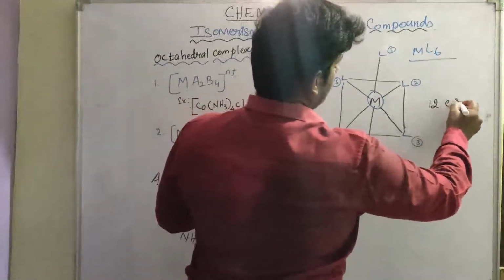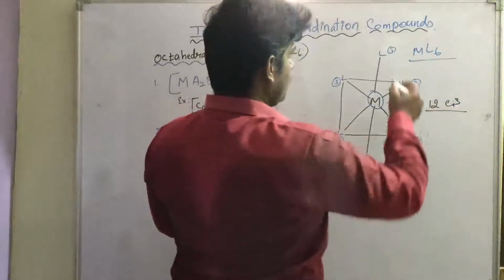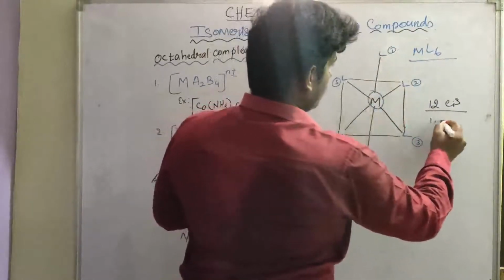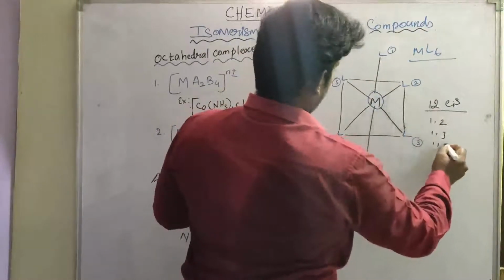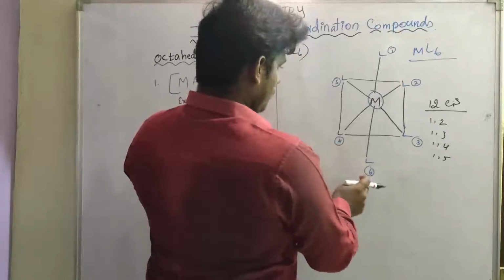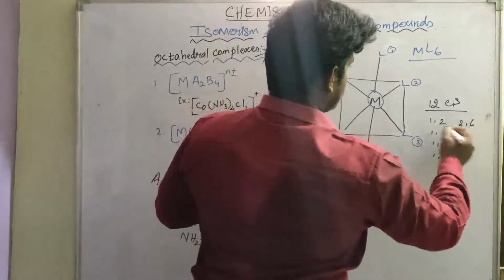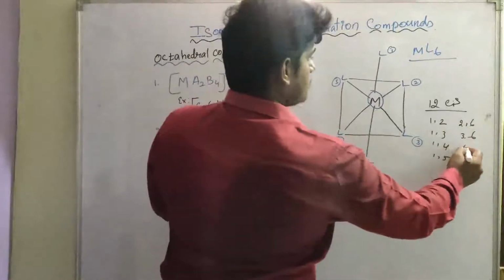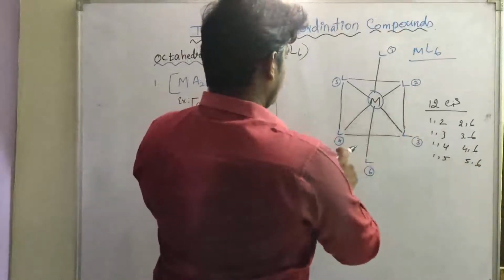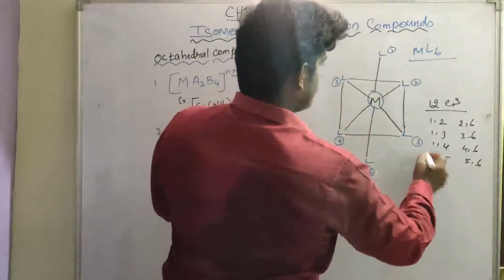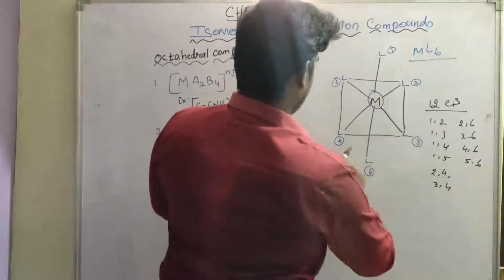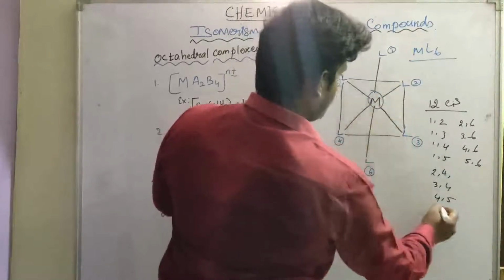Here 1-2, 1-3, 1-4 and 1-5. Also 2-6, 3-6, 4-6, 5-6. Also 2-3, 3-4, 4-5, also 2-5.